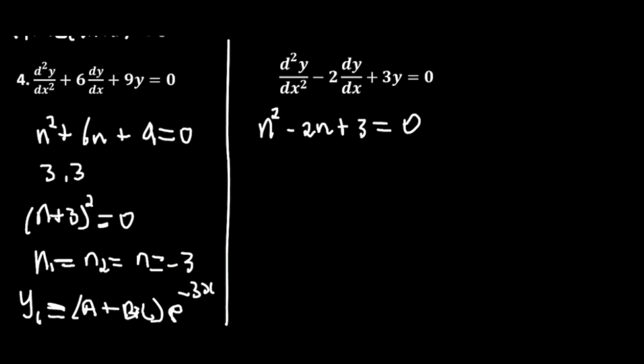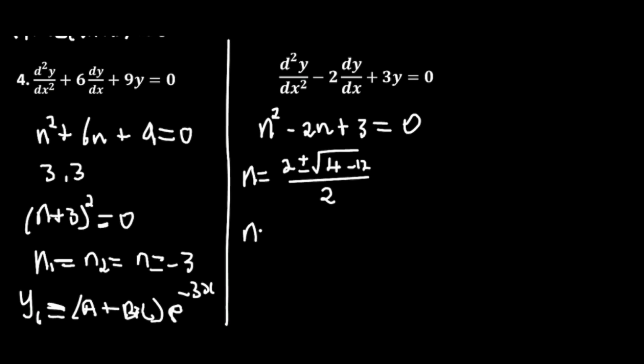So using the formula method to get our roots, and then we use the complementary solution describing the complex roots, we're going to have our n equal to minus b plus or minus the square root of b squared minus 4ac, so 4 minus 12, all over 2a.